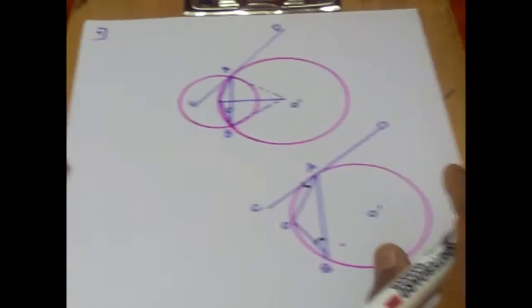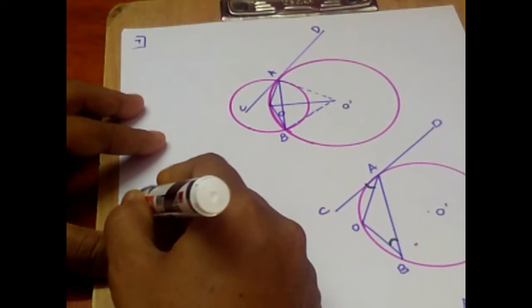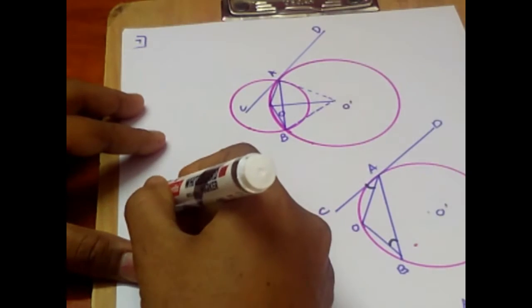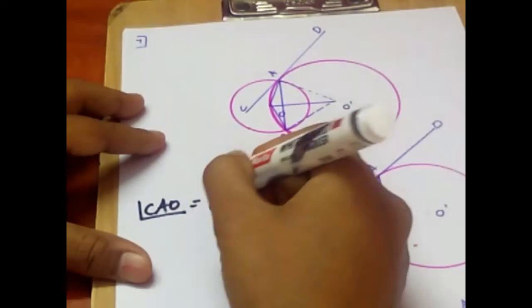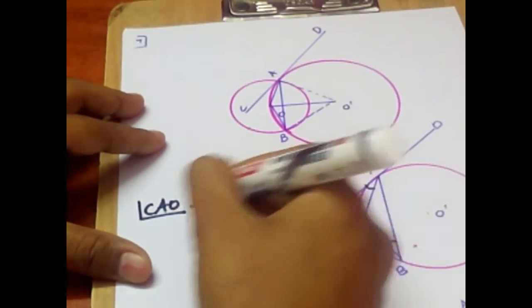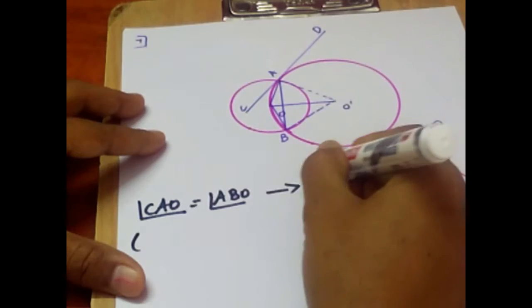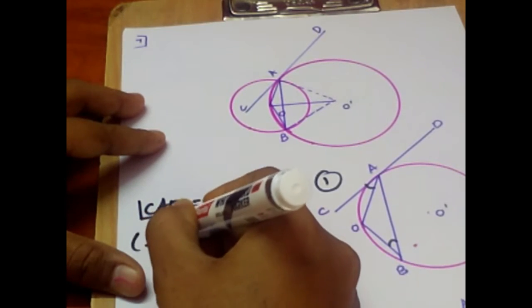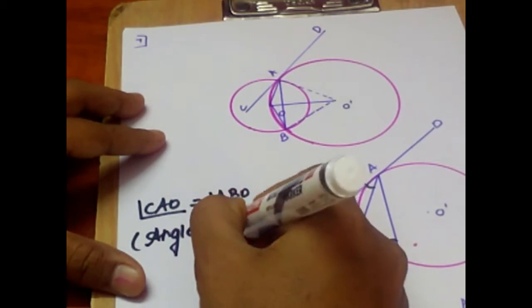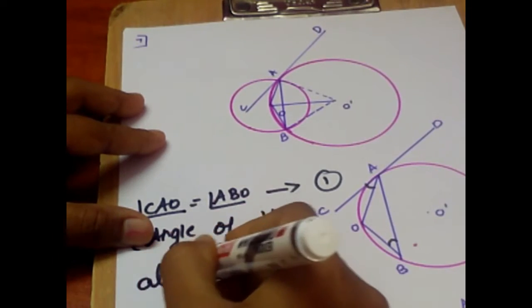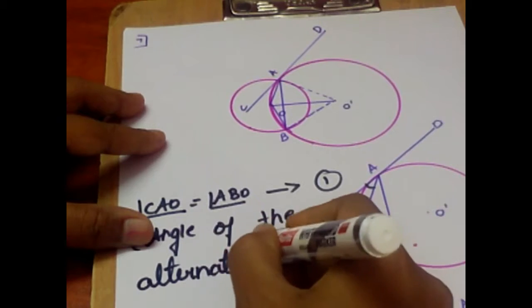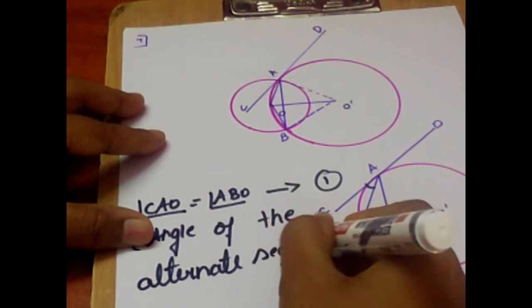Let us write this result. Angle CAO is equal to angle ABO. Mark this as result number 1. Reason, angle of the alternate segment.